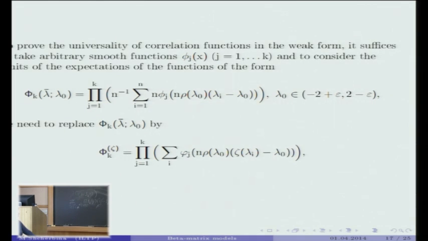And if you are able to prove that the limit for any such function is universal, then of course you obtain the weak universality of the correlation function. But I will explain in the following the idea of the proof for gap probability for this indicator function, because for indicator function it's more simple, in fact.